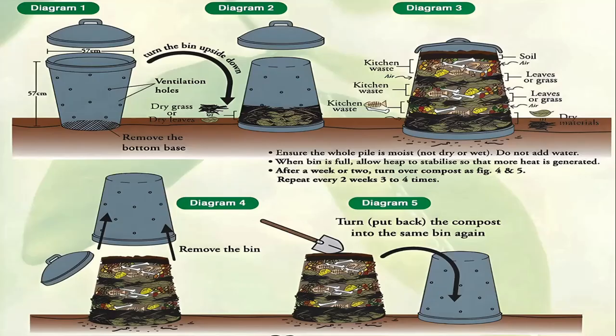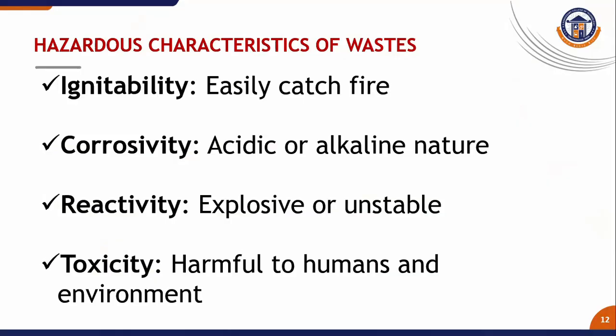When the bin is full, allow it to stabilize so that more heat is generated. So repeat recovery for 3 weeks to 4 times. After 2 weeks, turn it for the over composting, which is shown in the figure. Finally, it is converted into good compost.